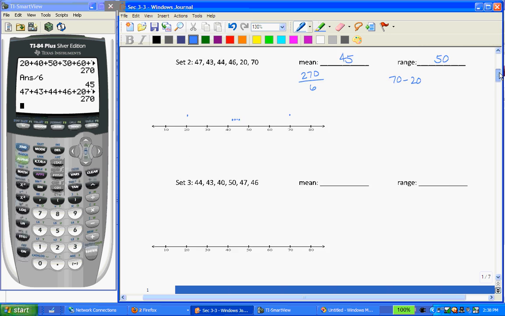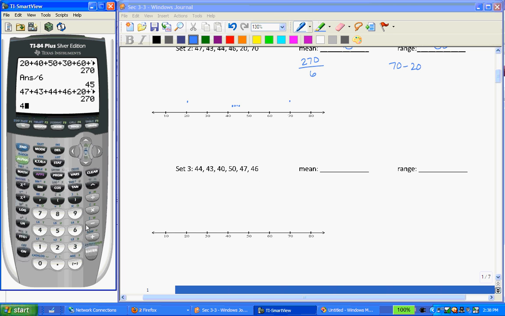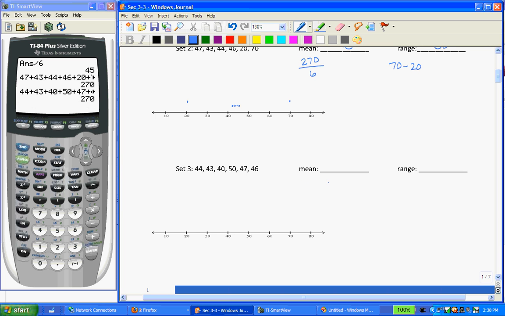Okay, let's take a look at the third one. 44 plus 43, finding the mean, plus 40 plus 50. Looks like we're going to get the same mean again, so 45.